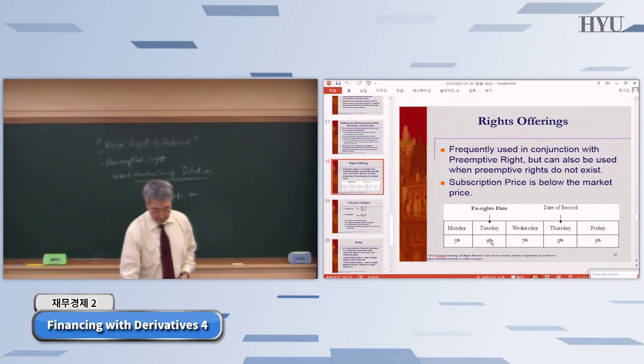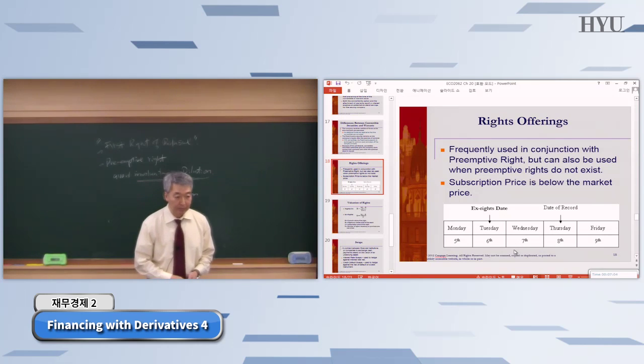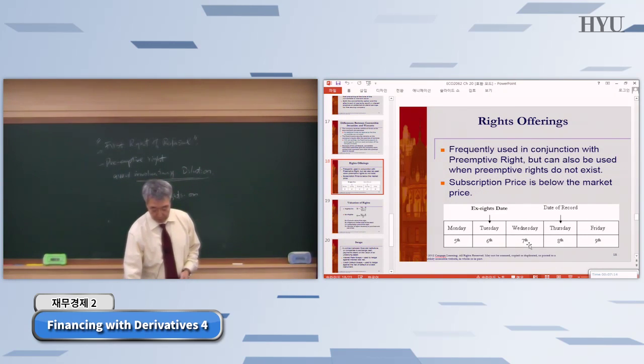And after the ex-rights date on the 7th, okay, Wednesday, the stock price will go down. Okay? Because holding this stock will no longer guarantee that you will receive the right. Okay? Because if you purchase this stock on the 7th, it takes 2 days to get on the record, right? But you have to be on the record by the 8th to receive the right. Okay? So that's what this ex-rights and date of record are talking about, right?